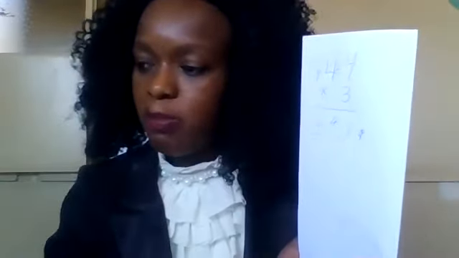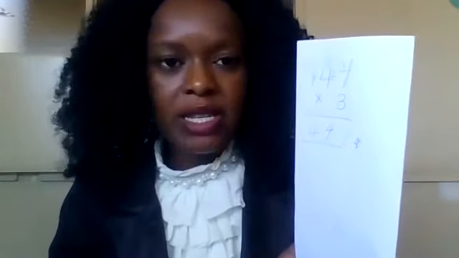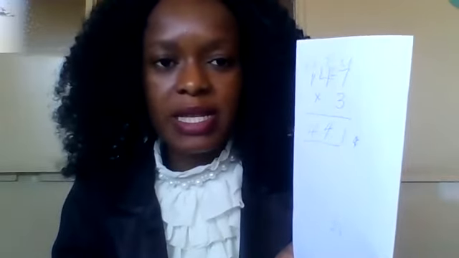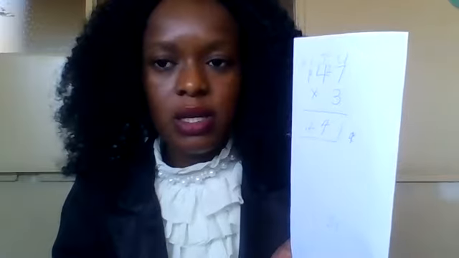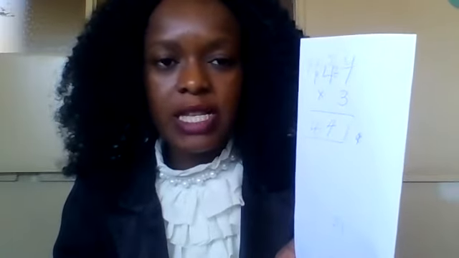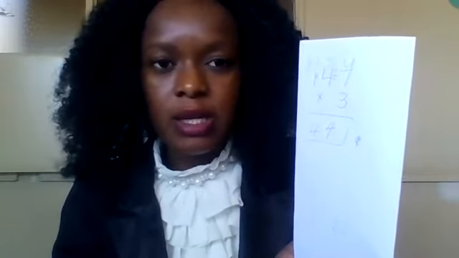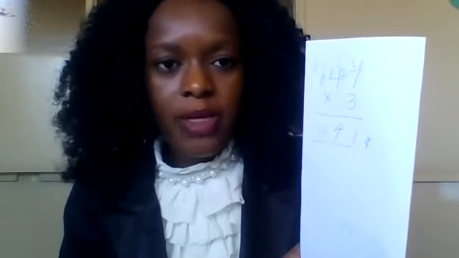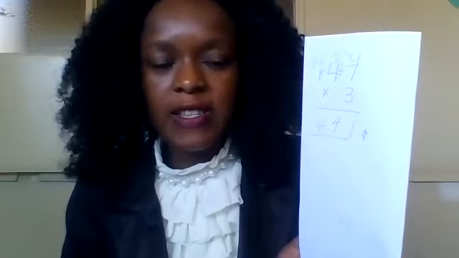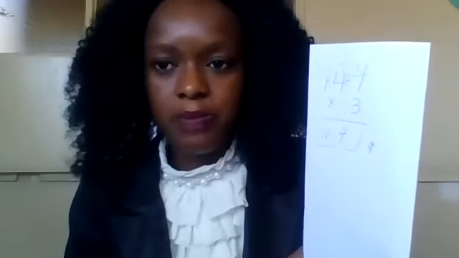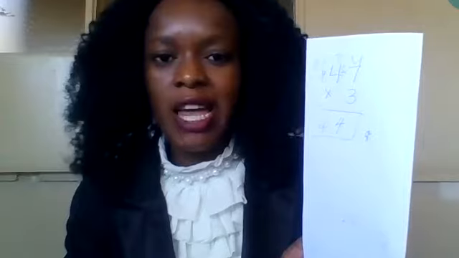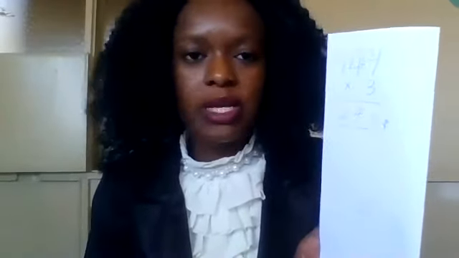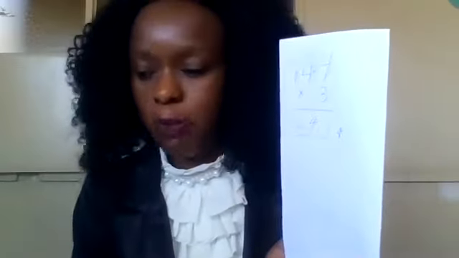Okay, so let's multiply. 1,769 times 3. I'm going to give you a minute or so, 2 minutes or so to work out your sum, and then you can give me the feedback.